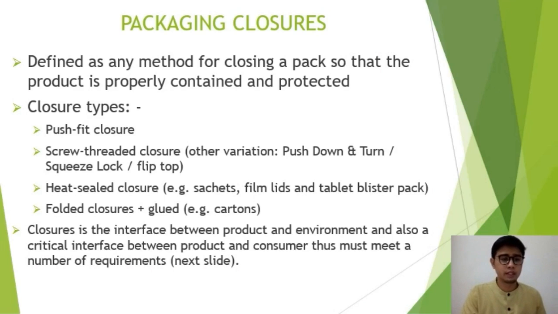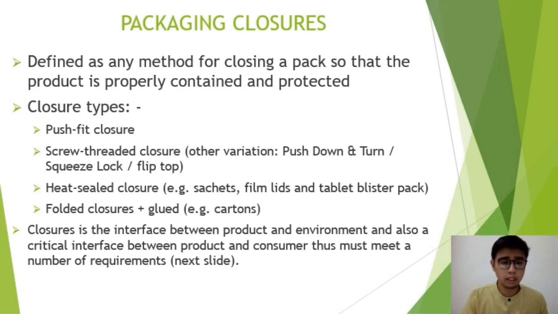The third closure type is the heat sealed closure. Examples of closures that use the heat sealed properties are the sachet, the film lids, and also the tablet blister pack. The final type of closure is the folded closure, or plus the glued. This is the closure that's commonly used in cartons.